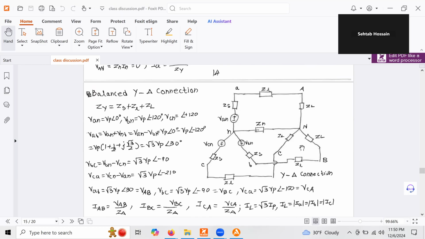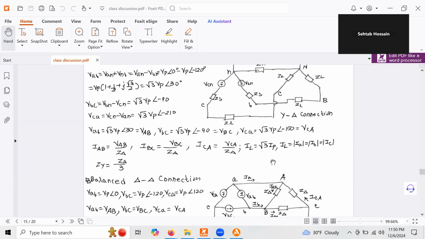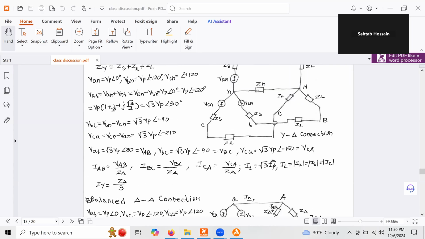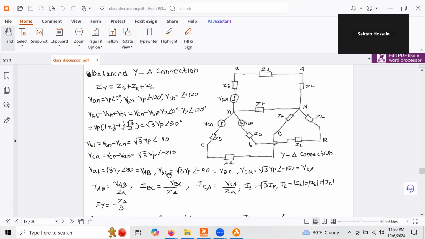Z delta is actually the impedance of the delta network over here. So it will be just like this, the Y-delta connection.